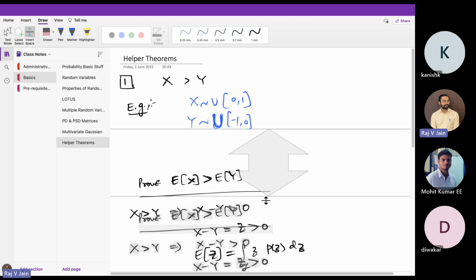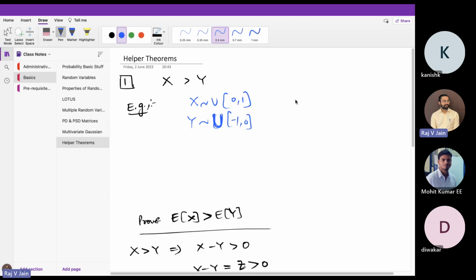So let's say this example is clear, right? If this is 0, x will always be one of the values from 0 to 1, and y will always be a value from -1 to 0, right? So any value that x takes, it will always be more than y.